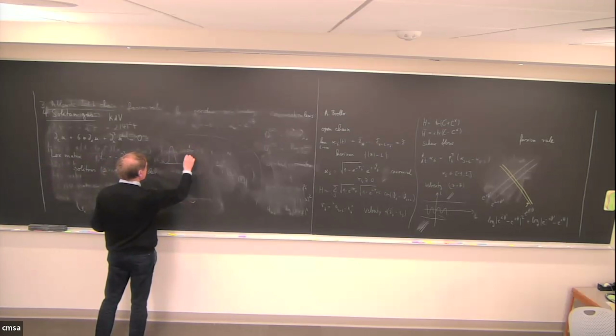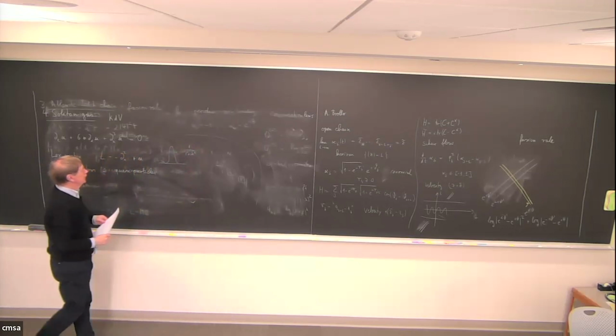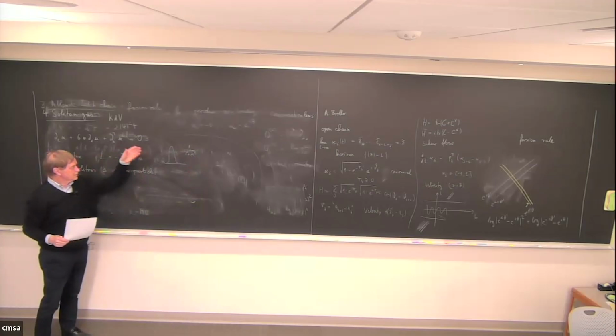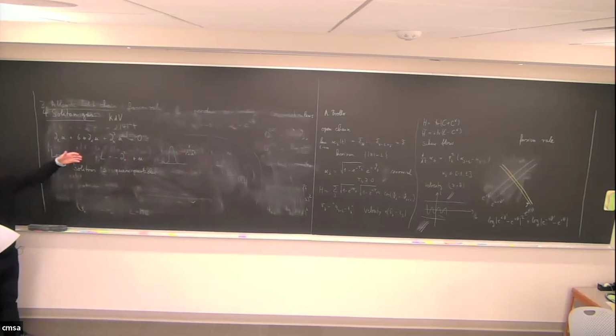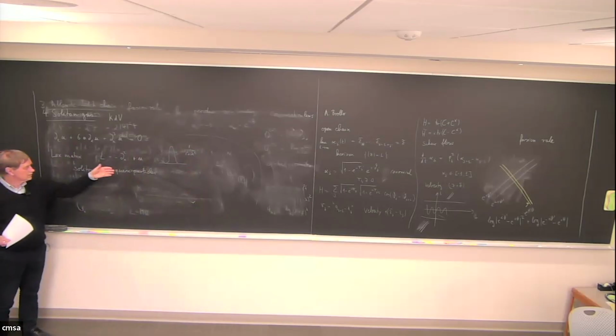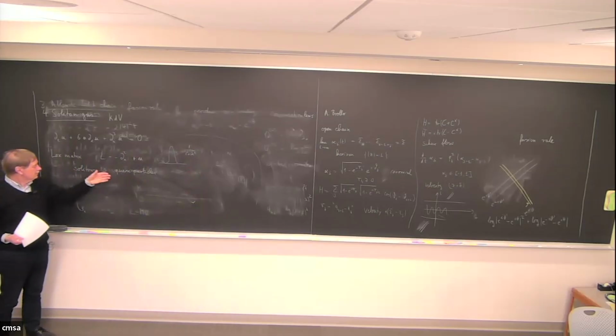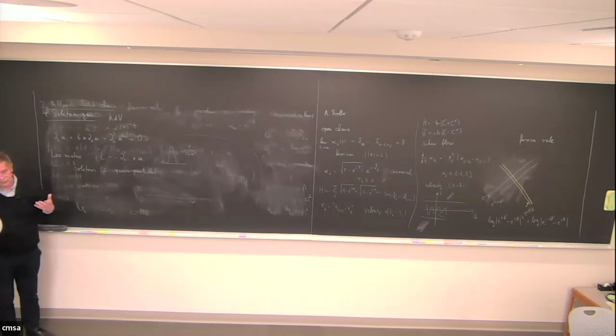I mean, yes, 1 over cosh squared is the form which it has, right? It's just a traveling wave.